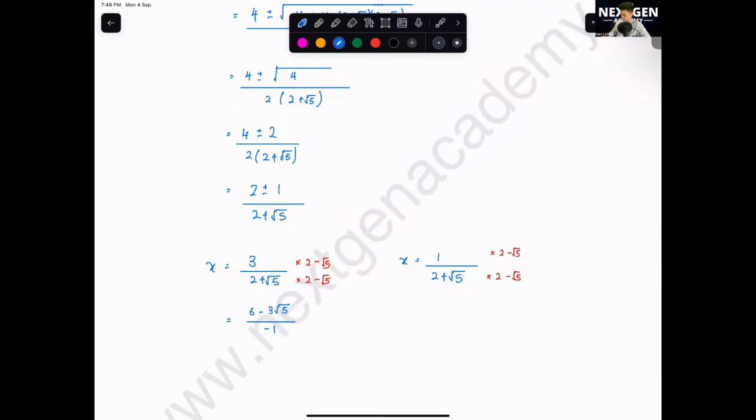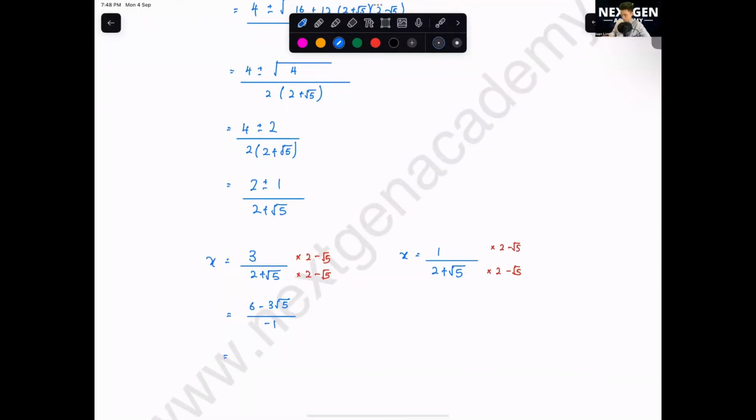Okay, we will write the constant by itself first. So -6 plus 3 sub 5, because they want it in this form. Here, you will get 2 minus sub 5 at the bottom, a squared minus b squared, you'll get -1. So here you'll get -2 plus sub 5.